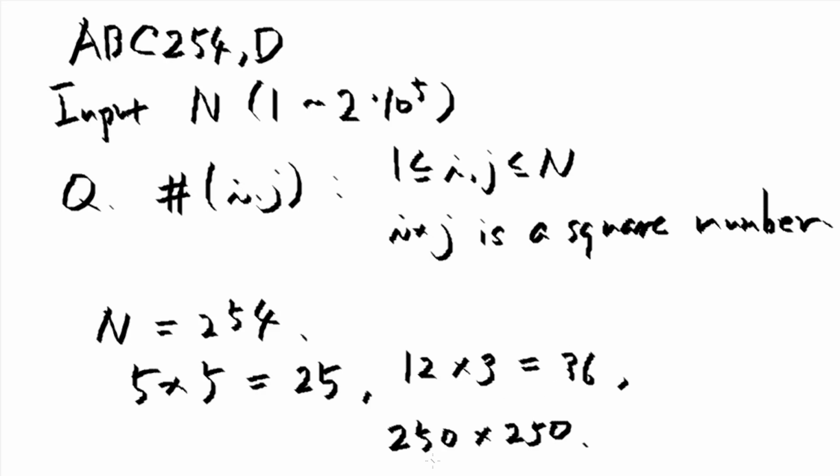We have so many pairs other than this. So how should we solve this?